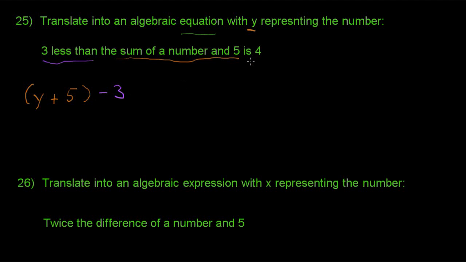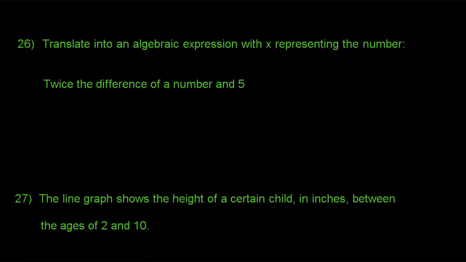So there's the sum of a number and 5. Next is an equal sign, and finally 4. And we've written the equation. So we ended up with the quantity y plus 5 subtract 3 equals 4, or 3 less than the sum of a number and 5 is 4.